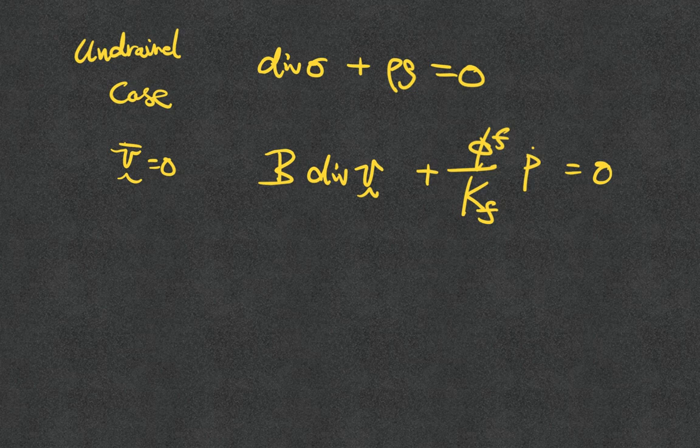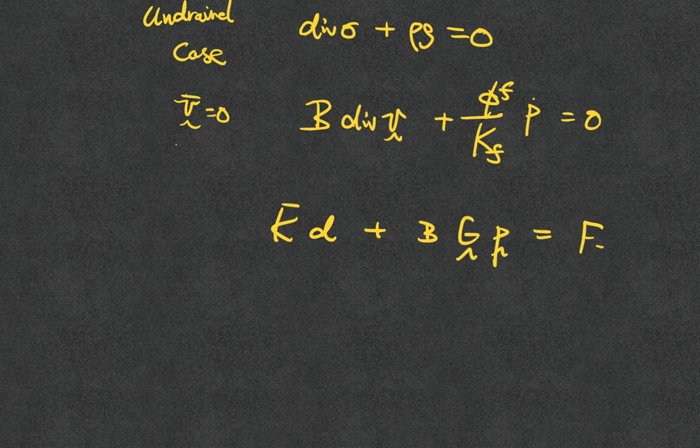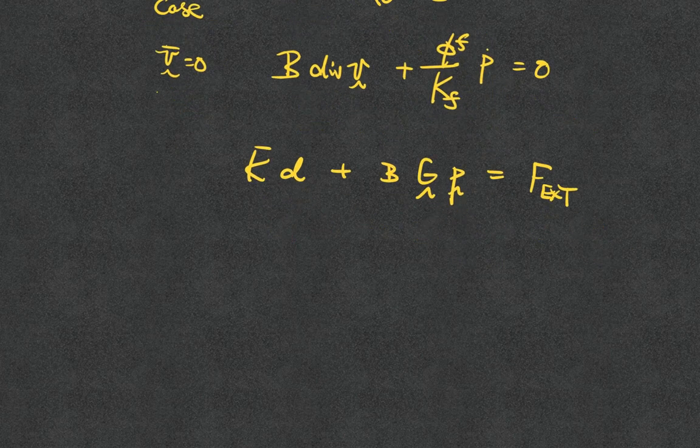Okay, so if you write it in finite element, what I would have is K d plus B G p. G is actually what we defined before in the previous lecture. This is the matrix form of the balance of linear momentum.